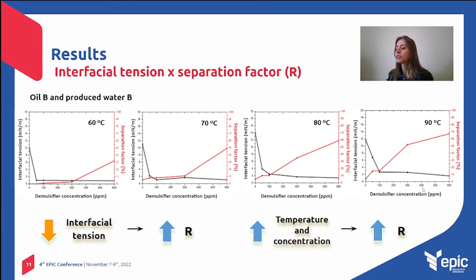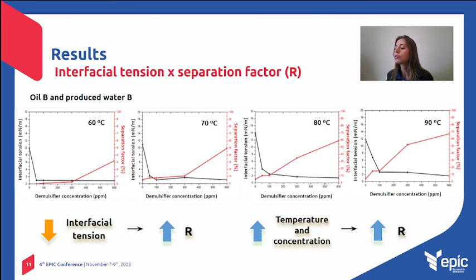And the same trend was observed for systems composed by oil B and its produced water. As you can see clearly, we have the separation factor increasing with the interfacial tension decreasing, right? For all temperatures analyzed again.